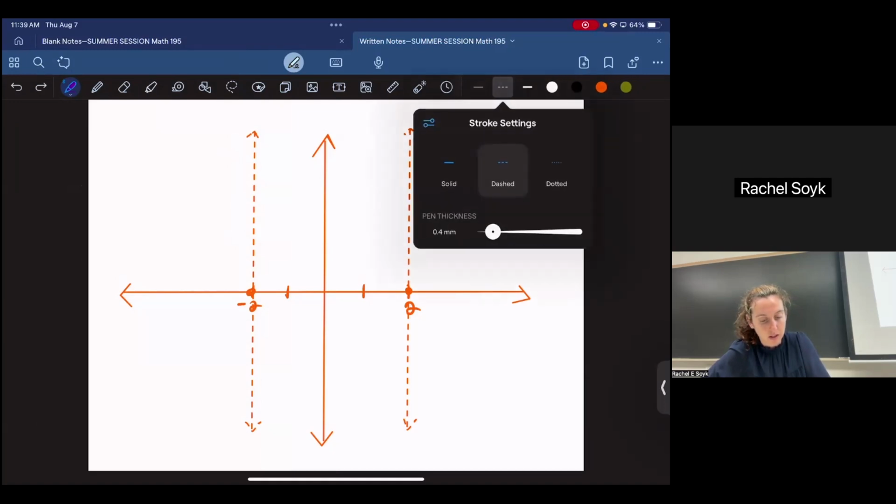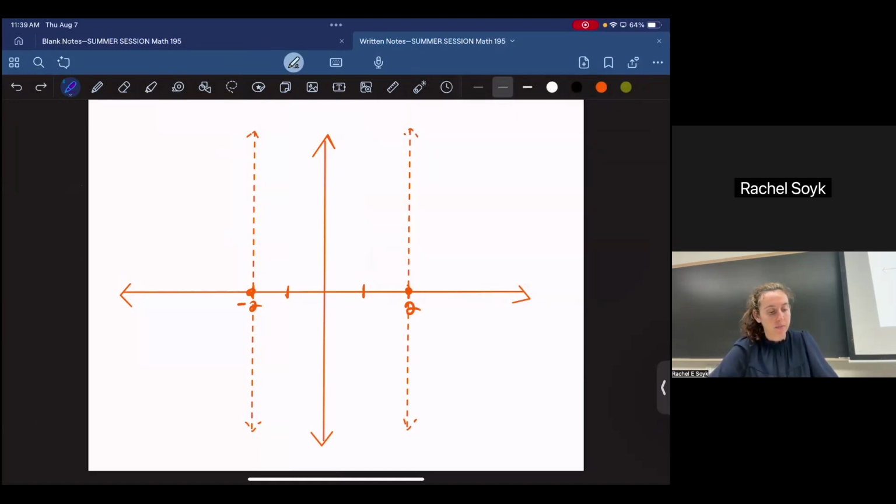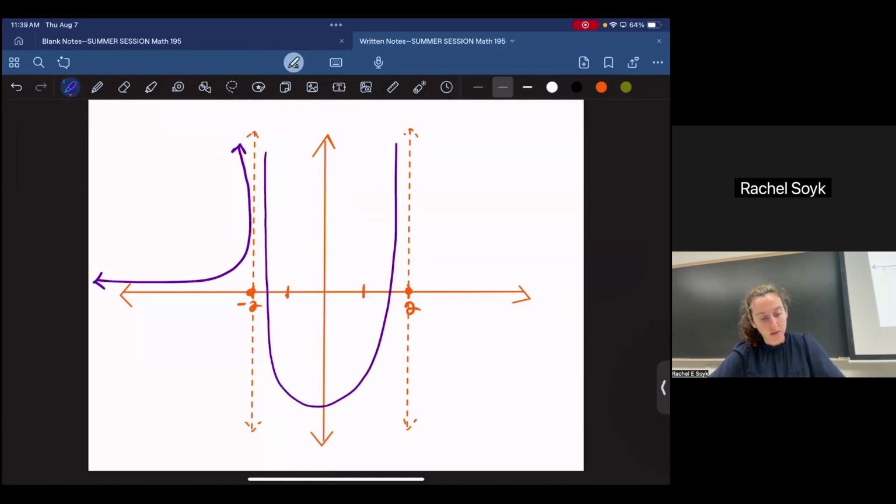Go back to solid lines. So you have a horizontal asymptote here. You can have something like this. We're going to be learning a lot more about vertical asymptotes when we get into trigonometry, dealing with your tangent functions specifically, but you can also have something like this.